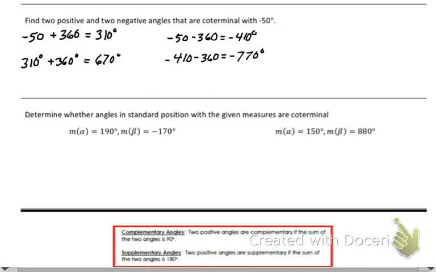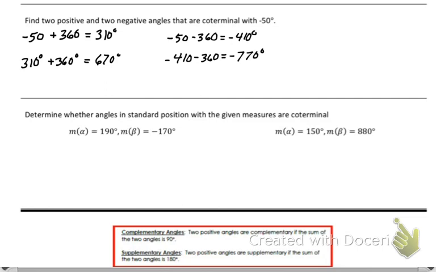The first one is, because there's a differential of 360. If I go 190 and subtract 360 from it, it turns into negative 170. Easy enough, because you can subtract and add 360 once again.